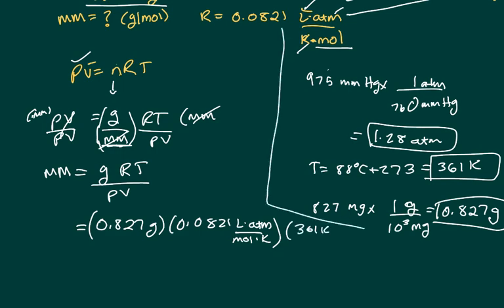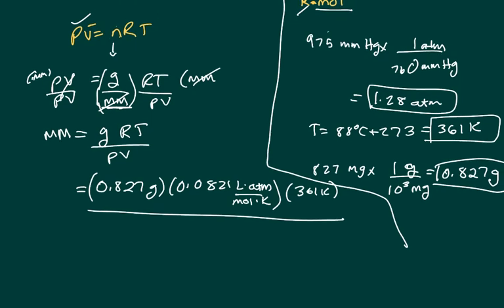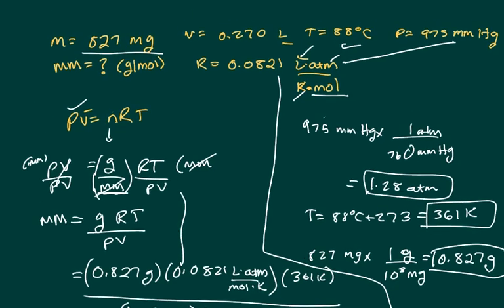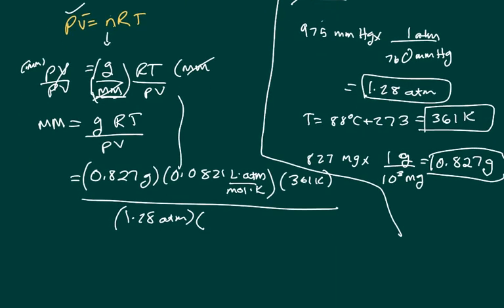Let me put a little line here, divided by pressure. And what is my pressure? 1.28 ATM. And times volume. And volume was, let's go back up here and see what we had. 0.27 liters.